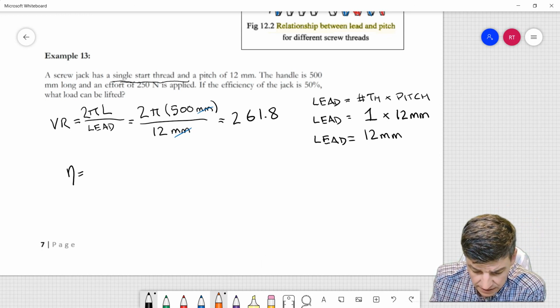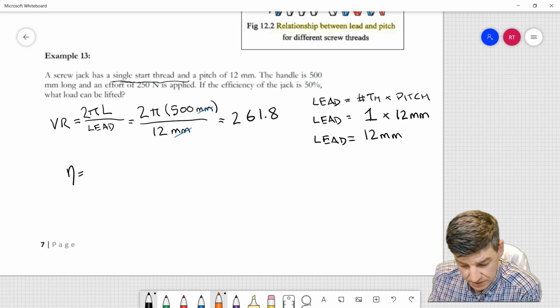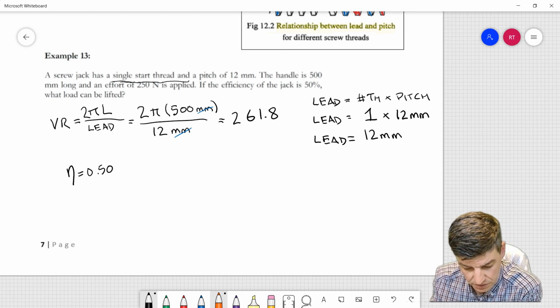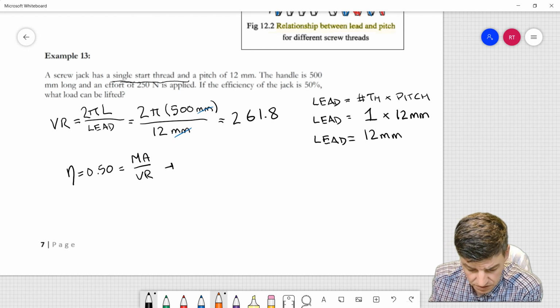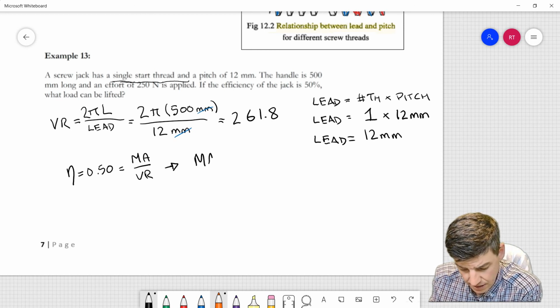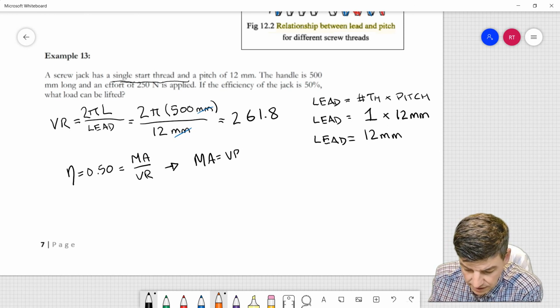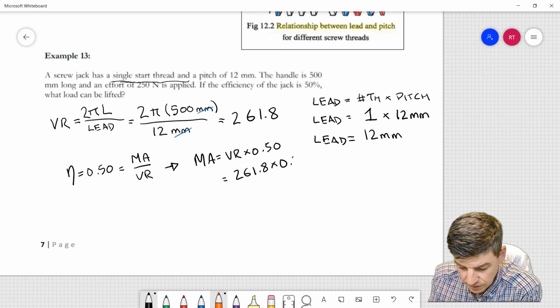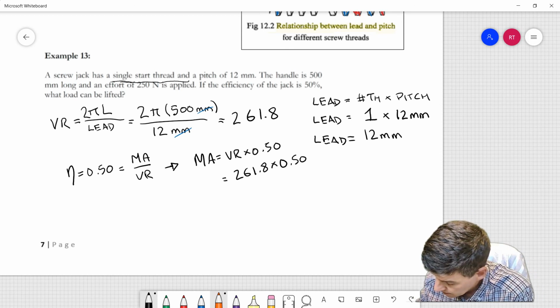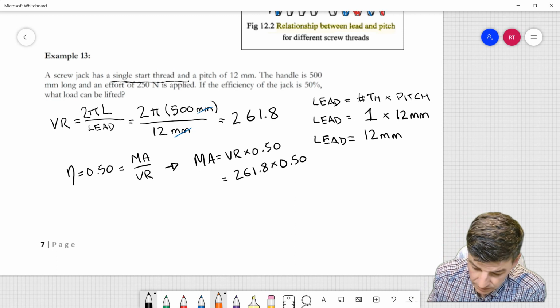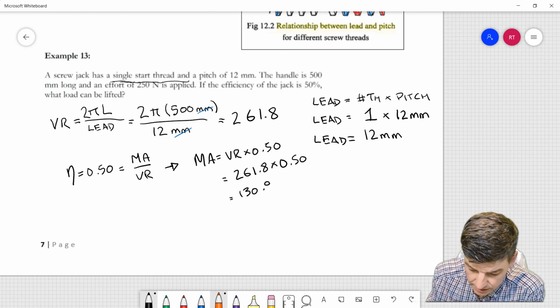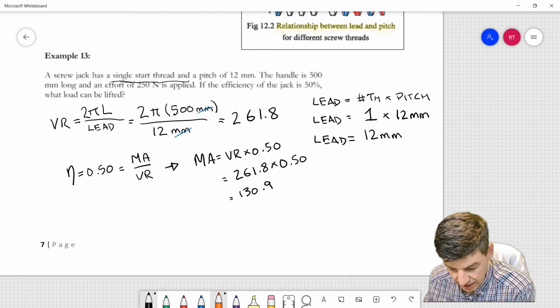My efficiency is equal to 50%, 0.50. And efficiency is also equal to MA over VR, which means that my MA is going to be equal to VR times 0.50, equal to my 261.8 times 0.50. 130.9 is the effective mechanical advantage.